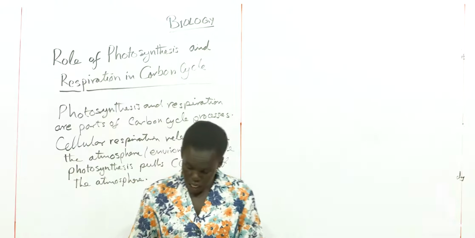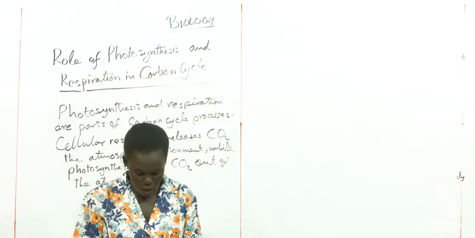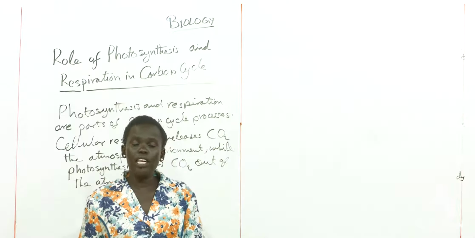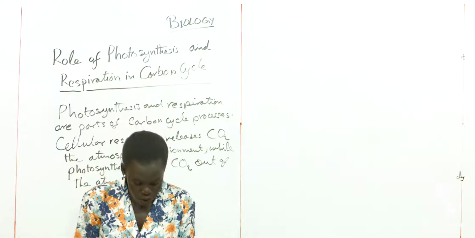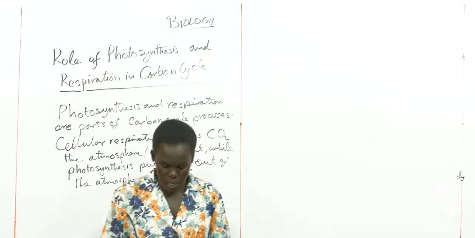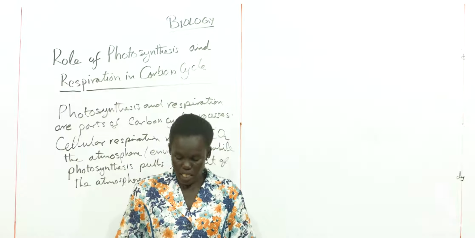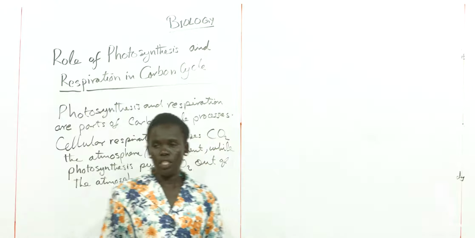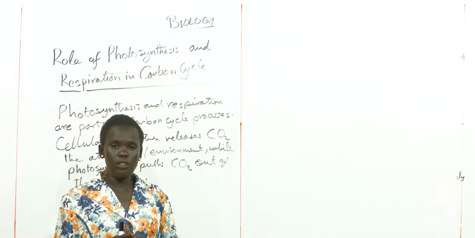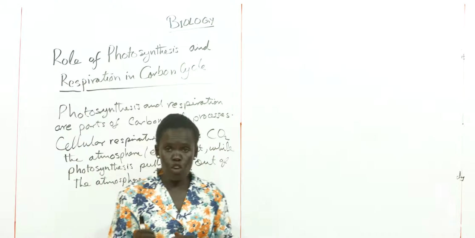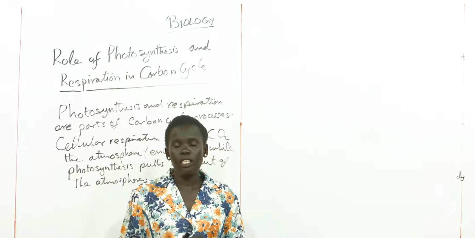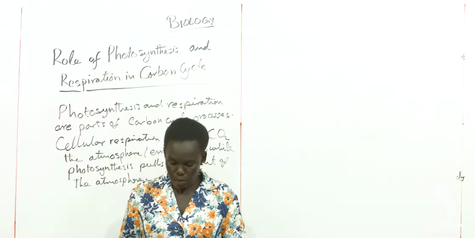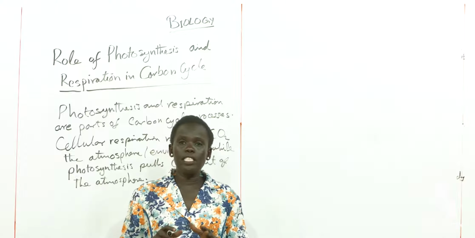So the carbon cycle can be defined as the process of removing and replacing carbon dioxide in the air to keep its percentage constant.